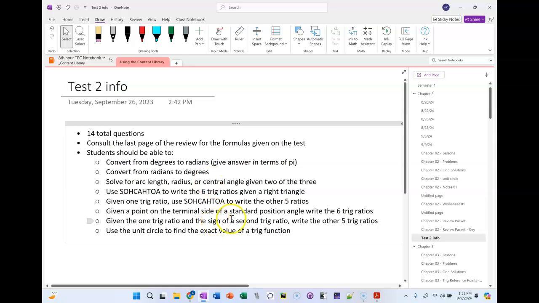You have 14 total questions. The last page of the review is the location of the given formulas on the test. You should be able to convert from degrees to radians or radians to degrees, giving answers in terms of pi if asked. You should be able to solve for arc length, radius, or central angle, given 2 of the 3.